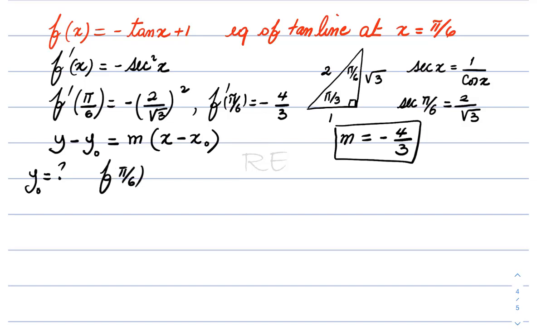And y naught is just f of pi over 6, which is equal to negative tan pi over 6 plus 1. So f of pi over 6 will be equal to negative 1 over square root of 3 plus 1.